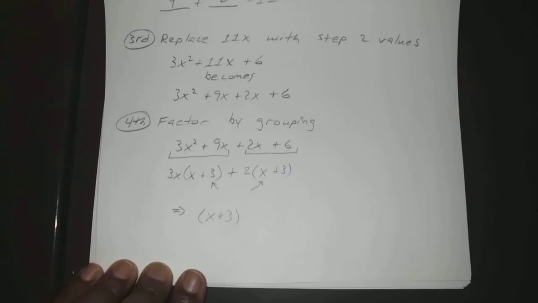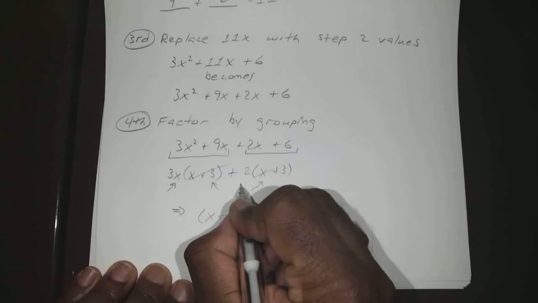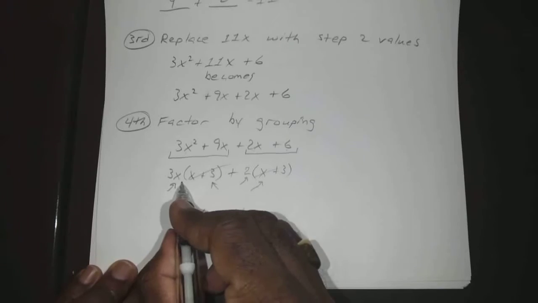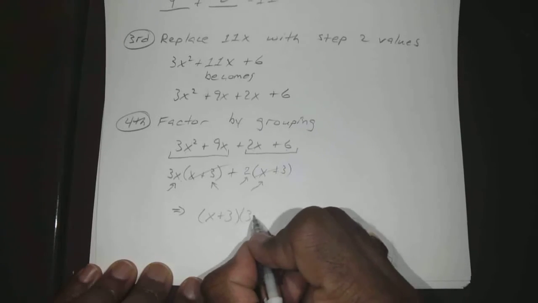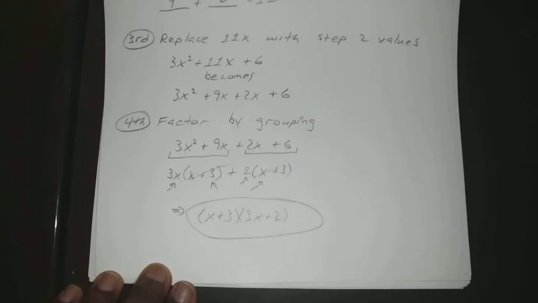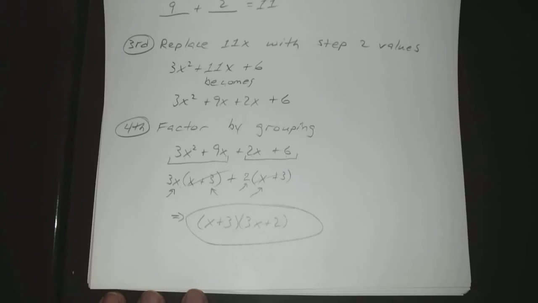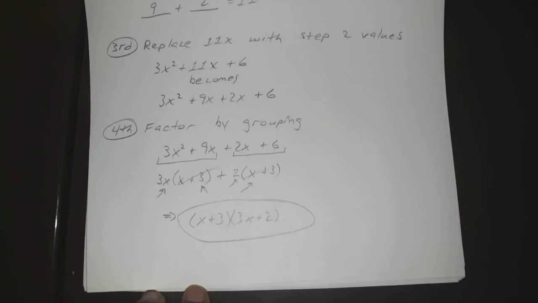And whatever's left goes into the other parentheses. So you have 3x plus 2. So any questions on that one? All right, leave that up there for a few seconds.